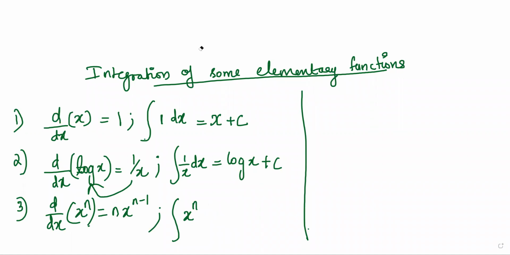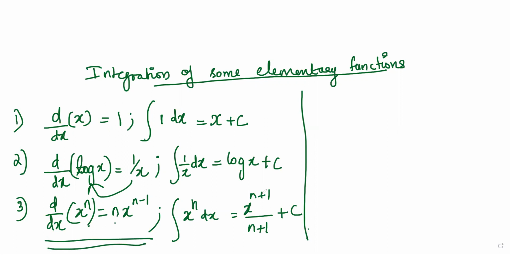Don't put just this curve, you have to put a dx. Then only you are integrating with respect to x. It is x raised to n plus 1 by n plus 1 plus c. Differentiation gives n x raised to n minus 1. Here it is x raised to n plus 1 by n plus 1. Learn it by heart. Okay.